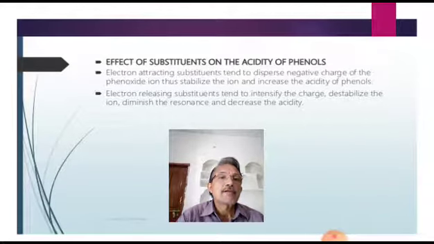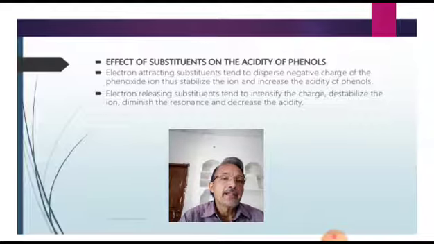Electron releasing substituents, meaning electron donating substituents, tend to intensify the charge, destabilize the ion, diminish the resonance and decrease the acidity. Whenever electron releasing groups are found along with the phenol, they intensify the charge, destabilize the ion, diminish the resonance and therefore decrease the acidity.